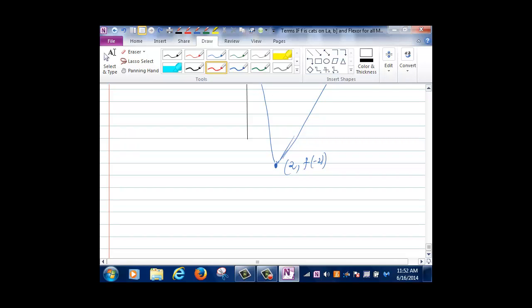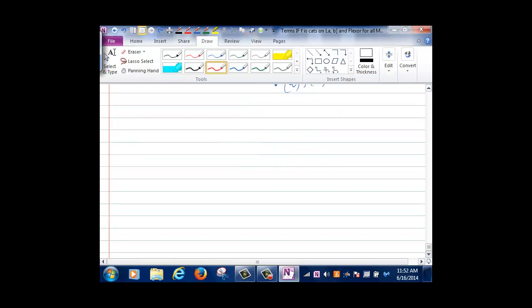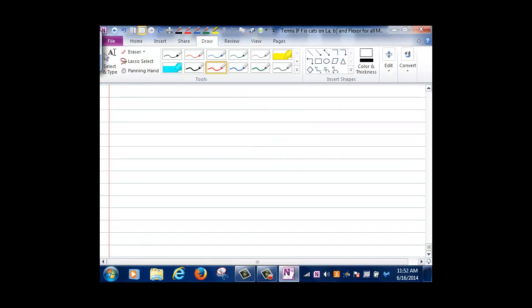Okay, now we talk about the second derivative and concavity, okay? So concavity, so let me make some pictures first. So if I have a curve which looks like this, okay? If I have a curve which looks like this, that would mean it's a concave up curve.